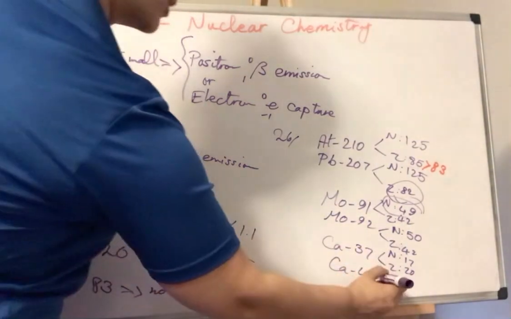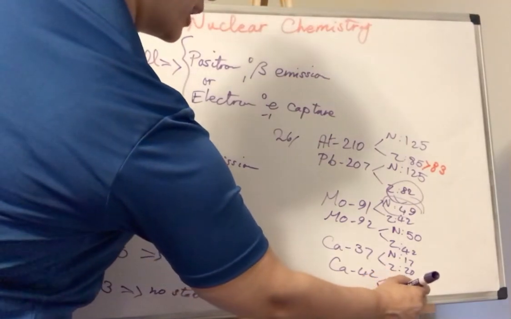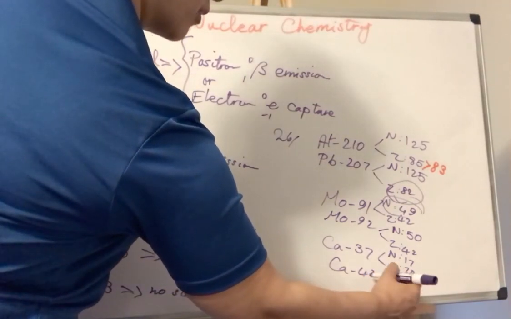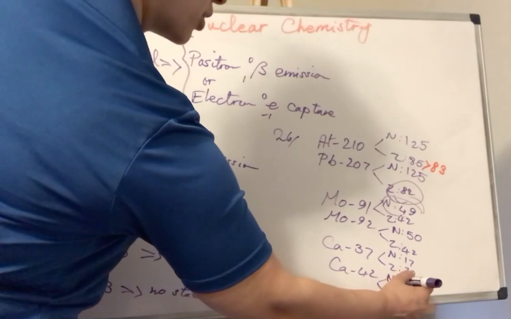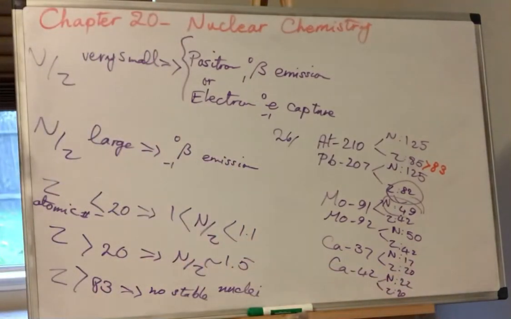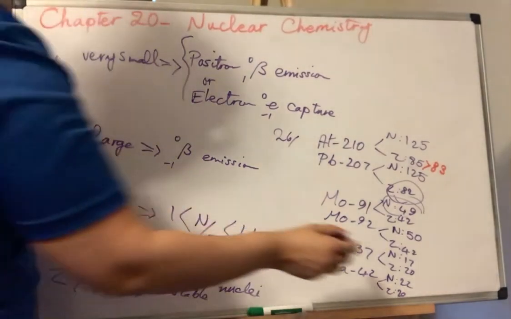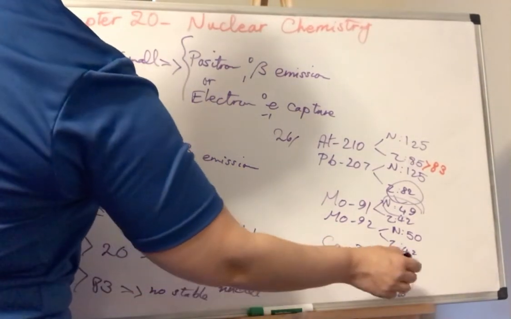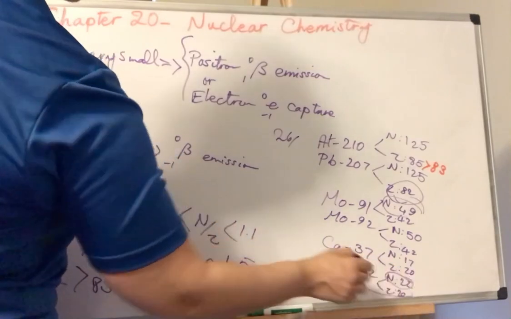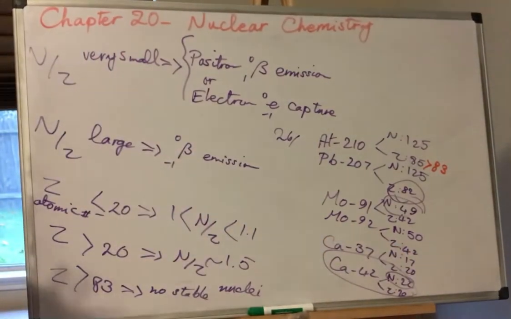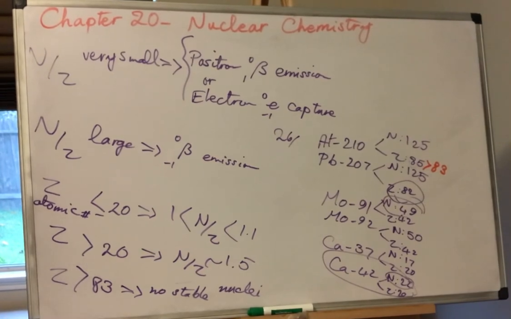And calcium 42 has 20 protons and 22 neutrons. So calcium 42 is more stable because it has an even number of neutrons, and the balance between these two is better, so the N to Z ratio is better.